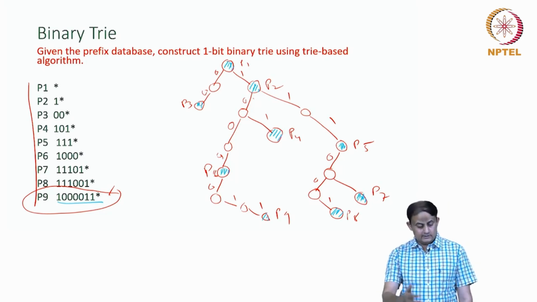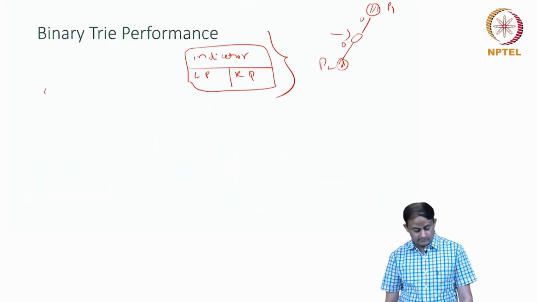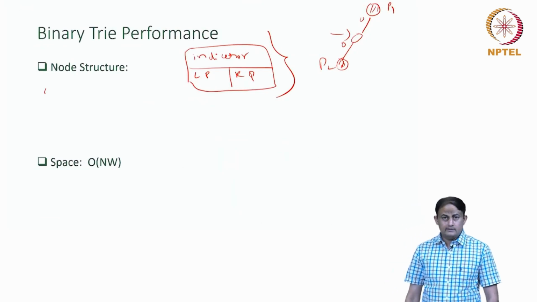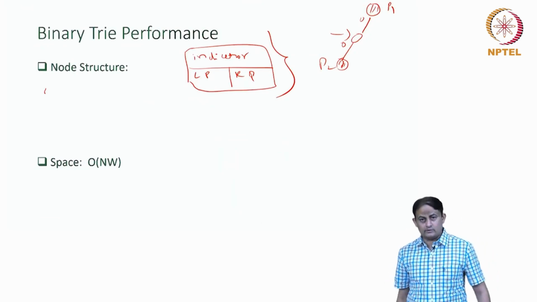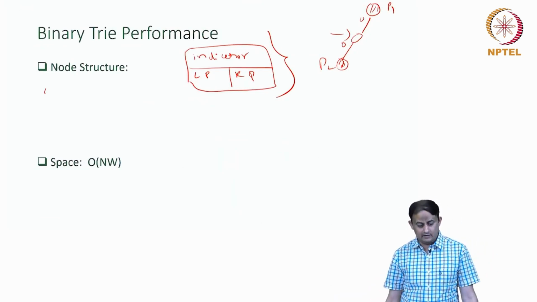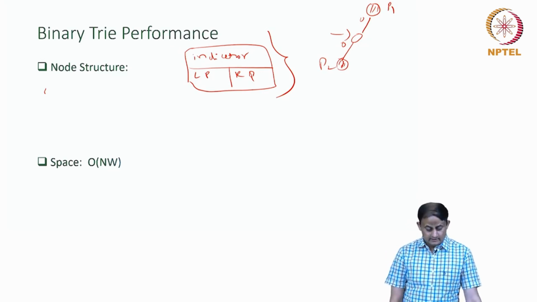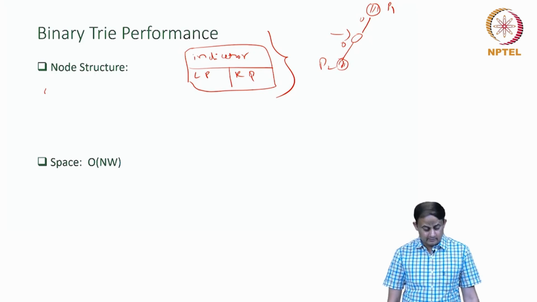So 9 times 7 is the total space required for the entire binary trie. Since this is the asymptotic notation, the maximum that we have is the one that we take, so that is the bound, and that is the space requirement.